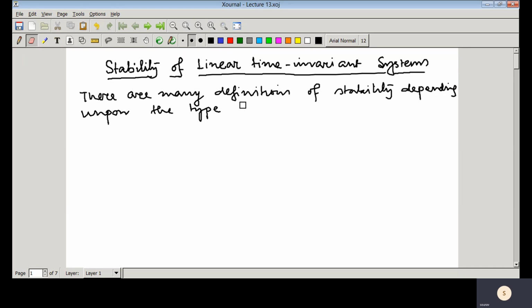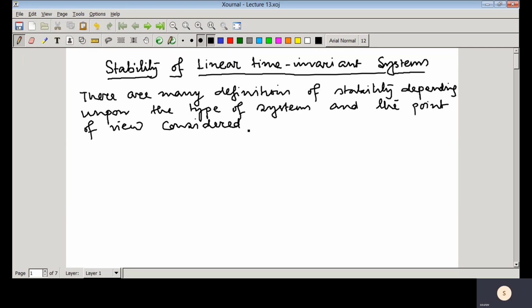So what type of systems you have considered, and the point of view considered. Now I will discuss in detail what is the meaning of that point of view.